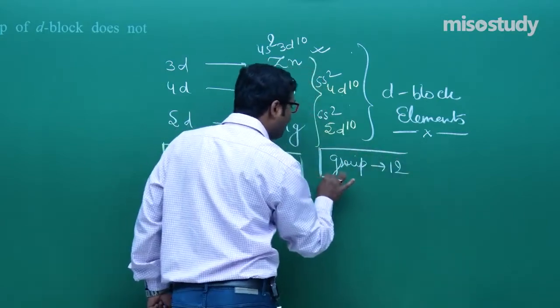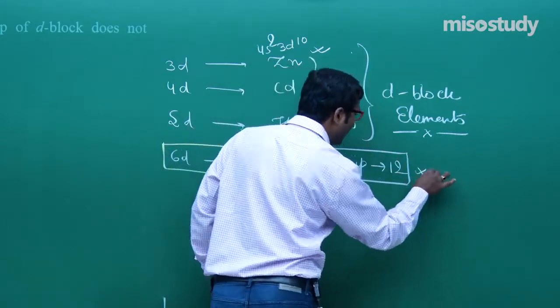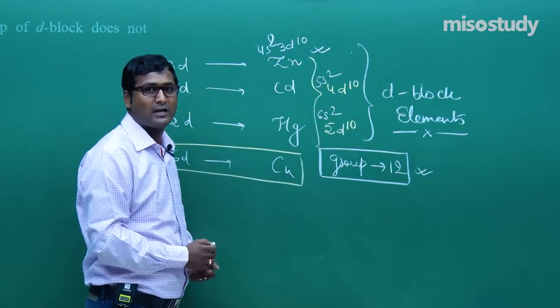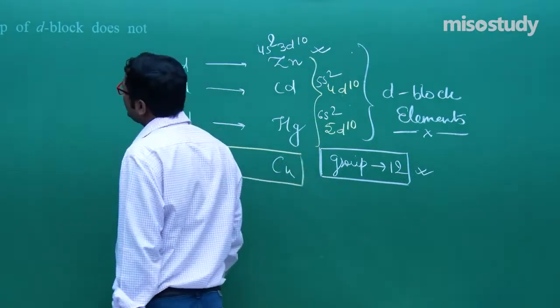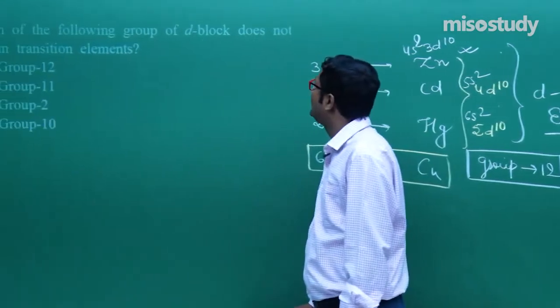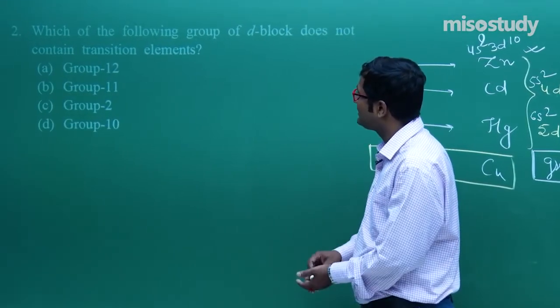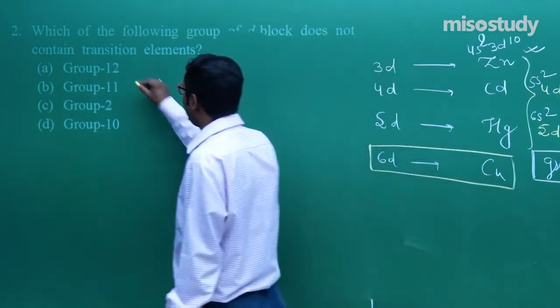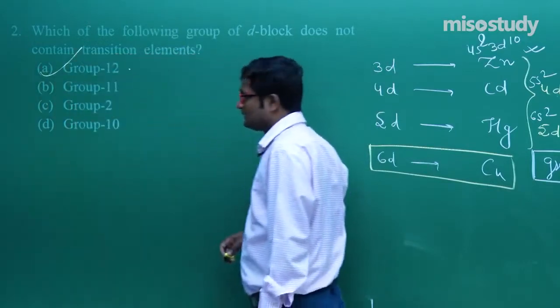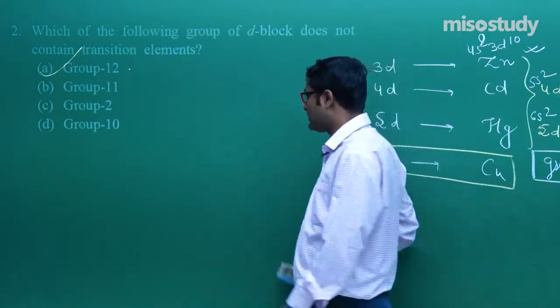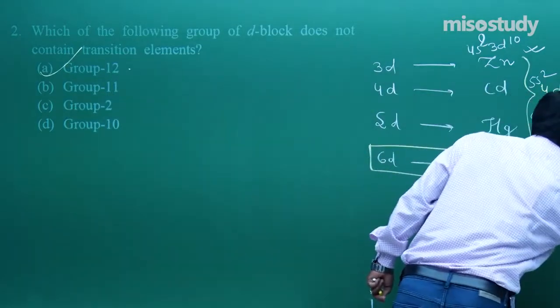So group 12 does not contain transition elements, they contain D block elements. So the answer is group 12. Clear? Now I'm going to rub this part friends and we will discuss the next question.